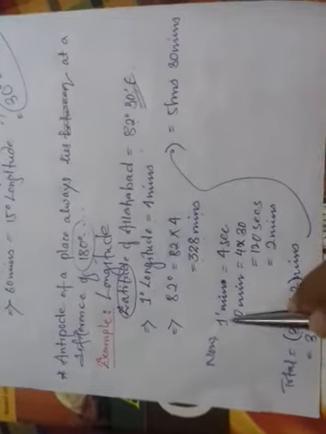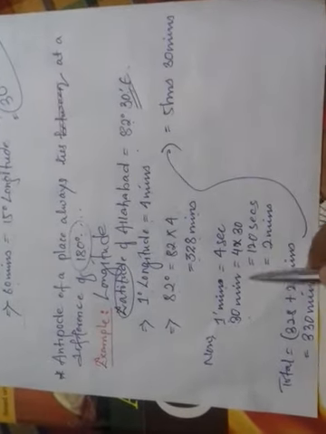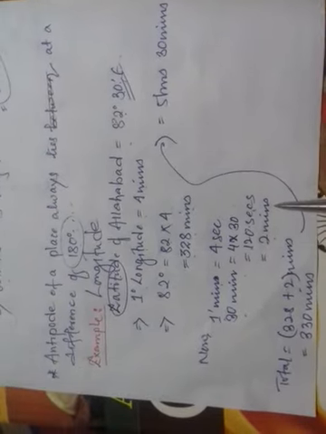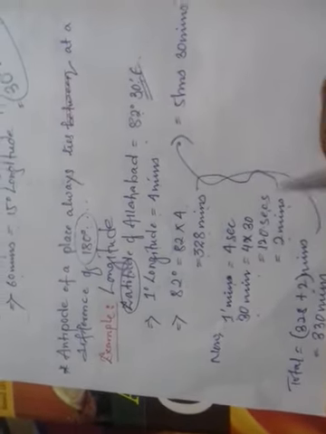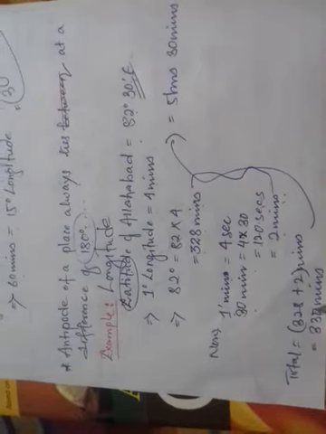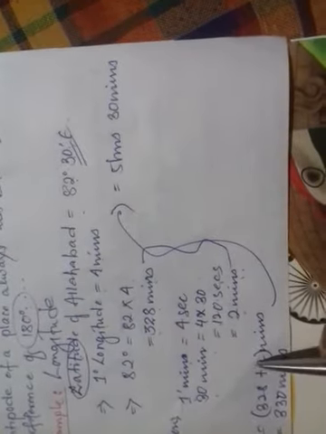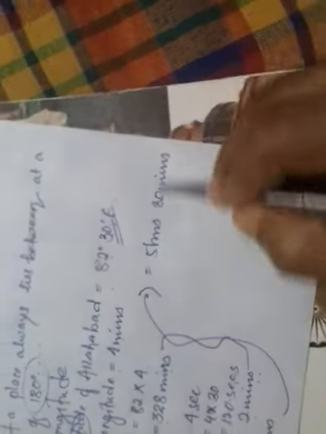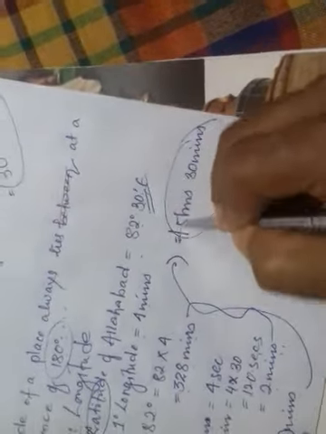Now these 30 minutes also we have to convert. 1 minute equals 4 seconds, so 30 minutes equals 120 seconds, which means 2 minutes. Now we add 328 minutes plus 2 minutes, and we get 330 minutes. Converted into hours and minutes, 330 minutes is 5 hours 30 minutes.